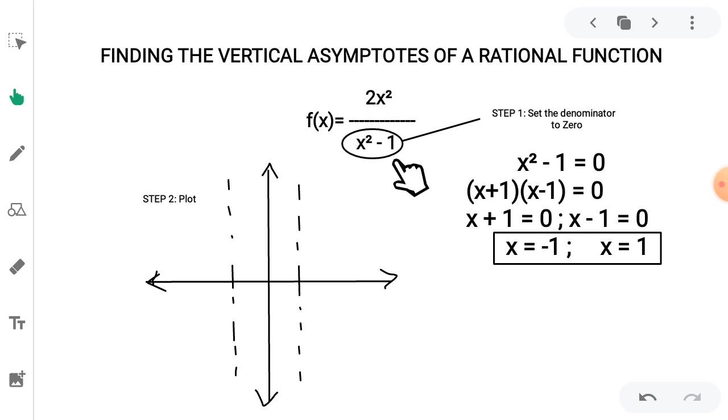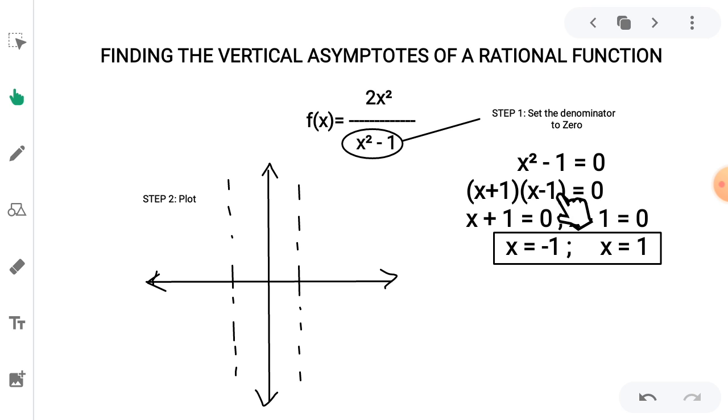So, in equating the denominator to 0, we need to rewrite x squared minus 1 is equal to 0. And since x squared minus 1 is in the form of a binomial, which is the difference of two terms, we need to factor this, and it will become x plus 1 times x minus 1 is equal to 0.